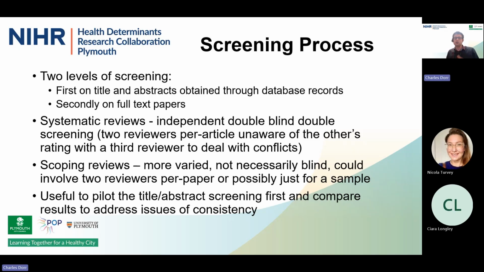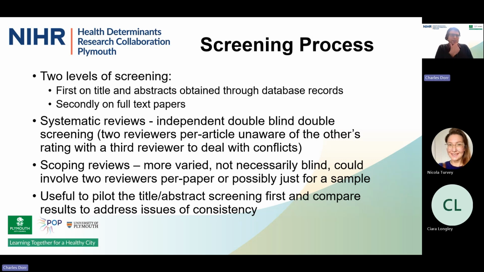And that's two stages. The first is to look at the title and abstracts of all the articles you have, and the second stage is where you take those titles and abstracts that you want to include because they meet your inclusion criteria and don't fall foul of your exclusion criteria. And this involves reviewing the full text papers.